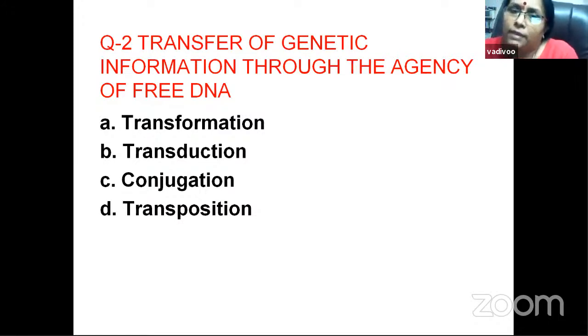This is a method by which free DNA is transferred from one bacteria to another bacteria, called as what? All must be familiar. It is a very easy choice. This is transformation. Transformation is the way by which free DNA is picked up by another bacteria. That is how bacterial DNA is transferred.